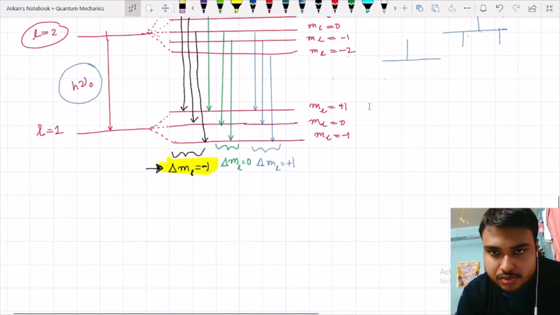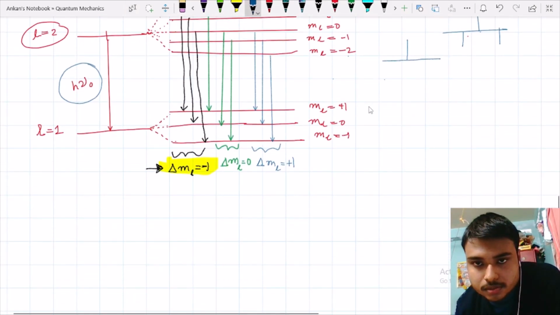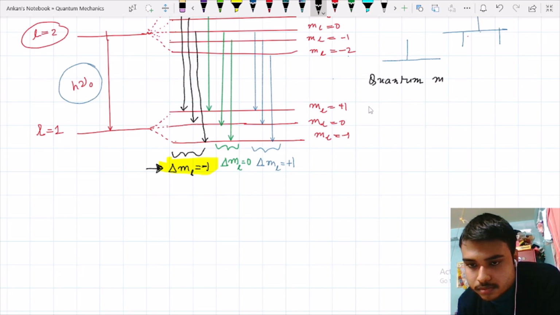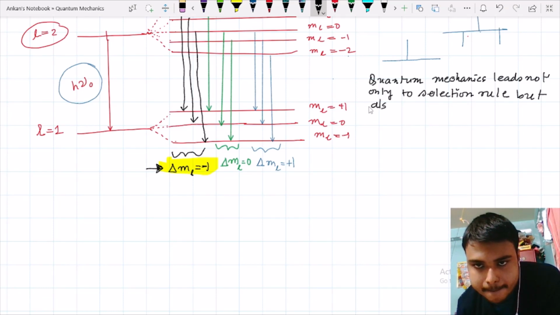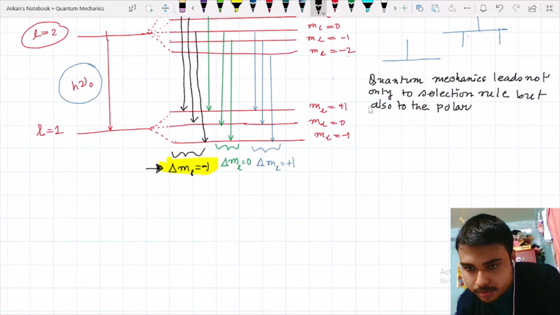So let me write. Quantum mechanics leads not only to the selection rule but also to the polarization rule.